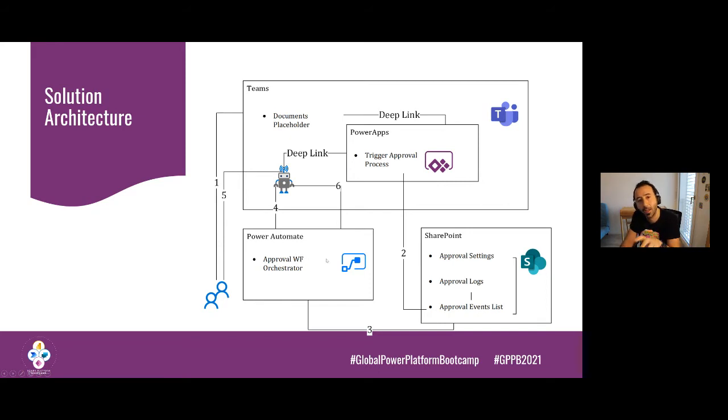Or a better way to illustrate this, 5 and 6, is that at 4, the approval workflow sends a message to the bot and waits for the answer. So at 6, we have the answer from the Flowbot, if it is approved or rejected, and then the Power Automate workflow will update the event list, and then once the list is updated, it will re-trigger the approval workflow, and so on and so forth.